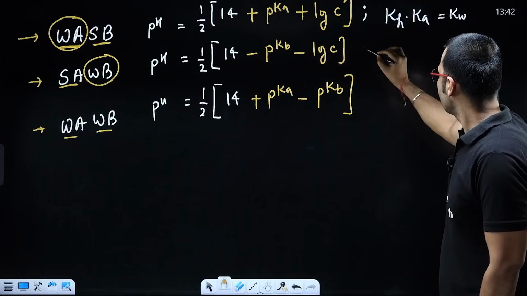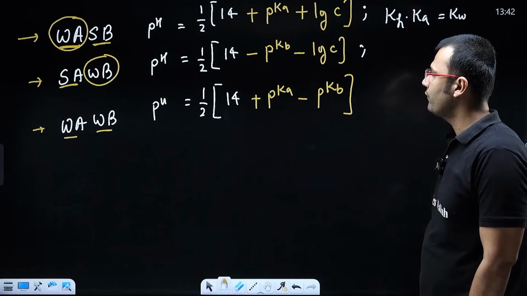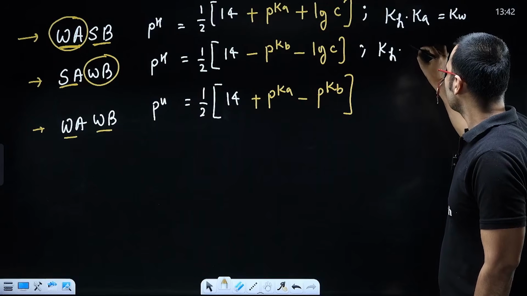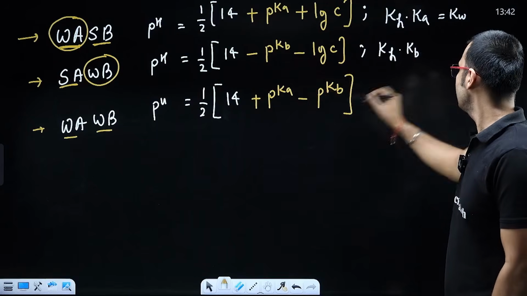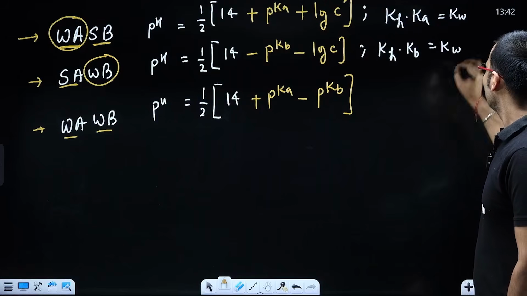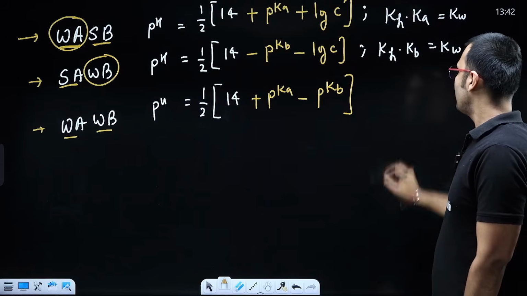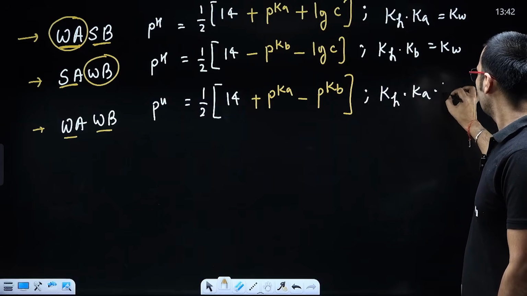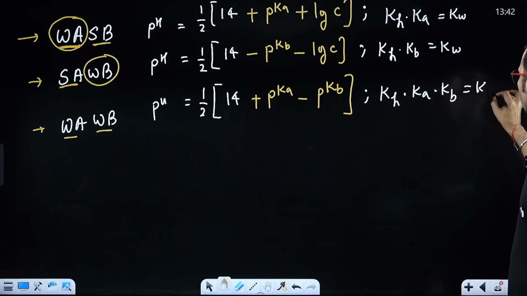Similarly, for a salt of strong acid, weak base, hydrolysis constant into Kb of that weak base is equal to Kw. And for weak acid, weak base, hydrolysis constant into Ka into Kb equals Kw.